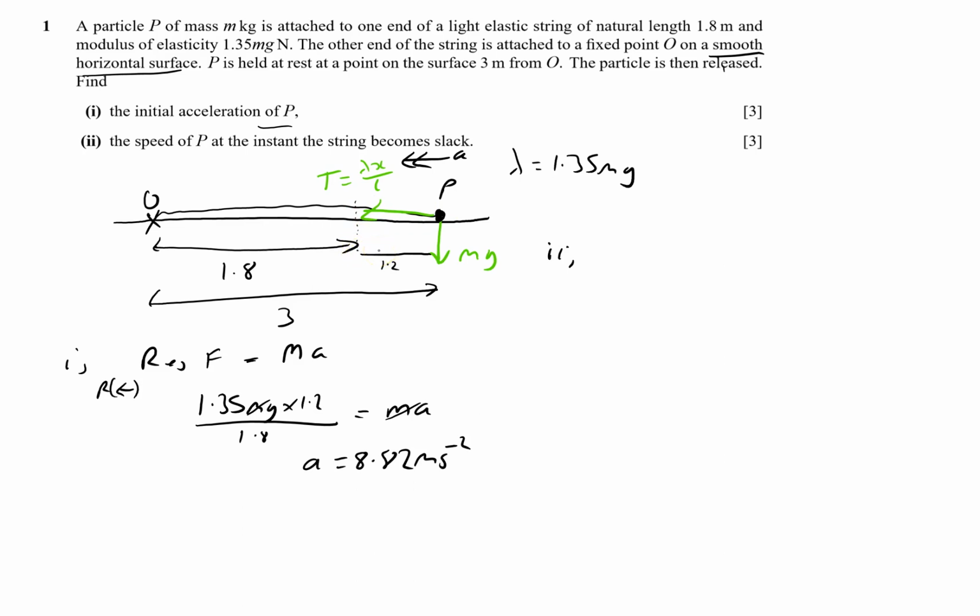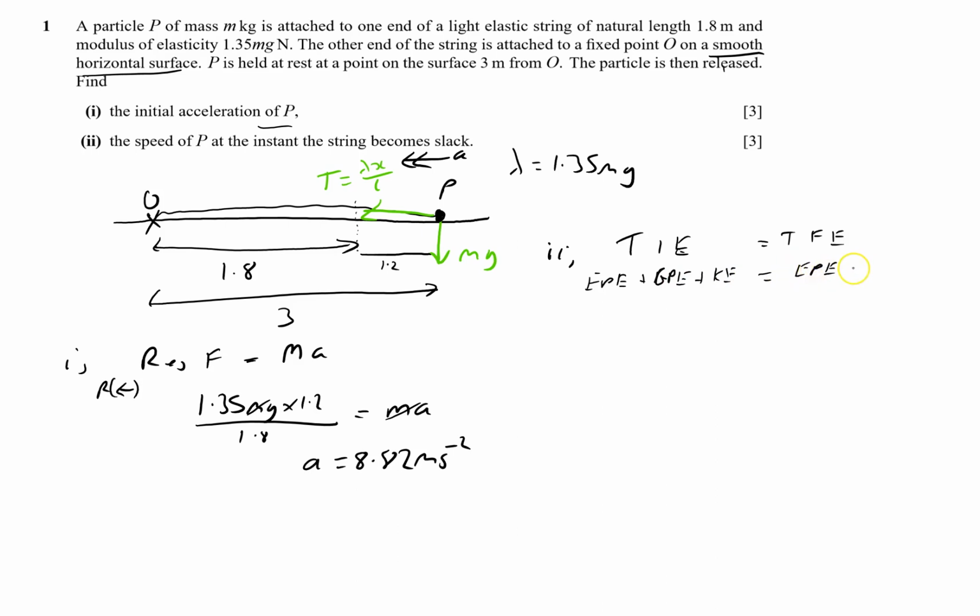Well, it's going to be an energy thing. So we have total initial energy equals total final energy. And what have we got to start off with? We've got three possibilities: elastic potential energy, gravitational potential energy, and kinetic energy. And we're going to get the same thing over here.